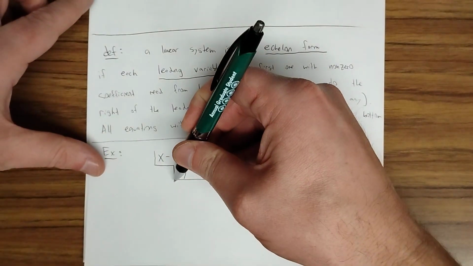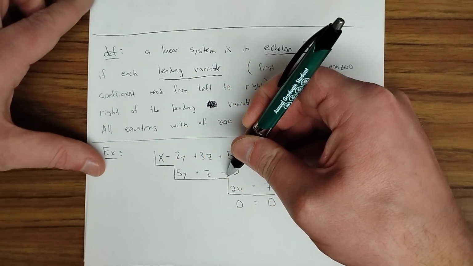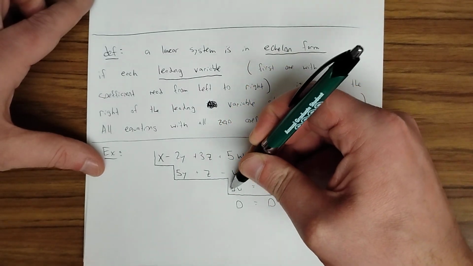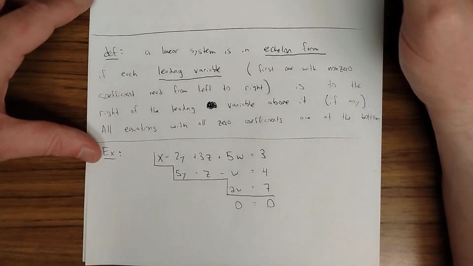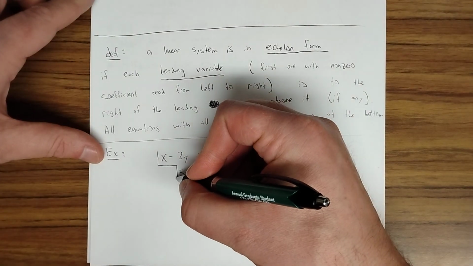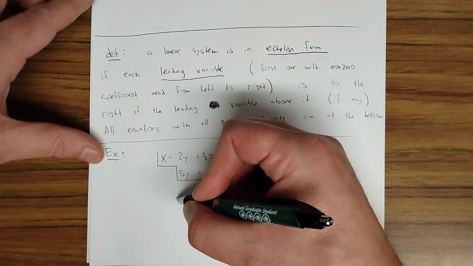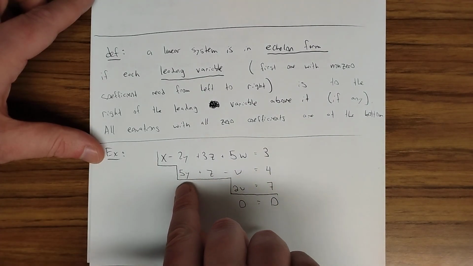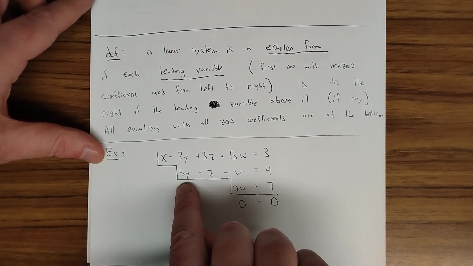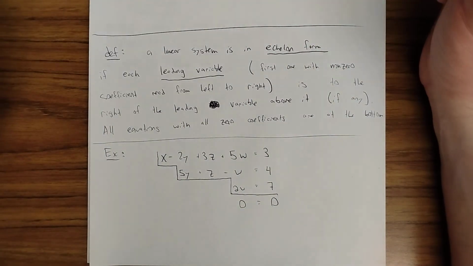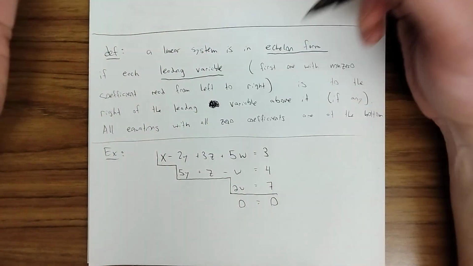I am allowed to take multiple steps to the right, so I might be going to the right for a while until I find my next leading variable. I'm also not going to take 2 steps down in a row. I wouldn't go down 2 rows like this because that would mean that this leading variable is directly underneath the leading variable in the row above, which it's not supposed to be. It's supposed to be strictly to the right.